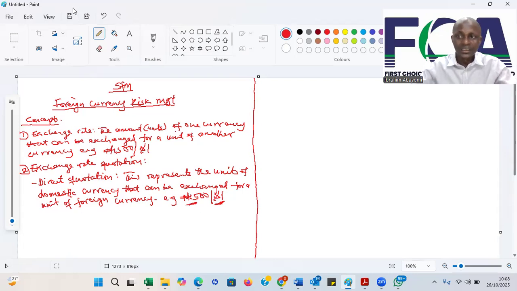The base currency is the currency you can buy or sell. You buy and sell dollars. The price is in naira.